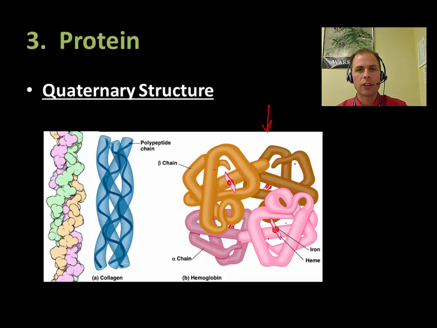But the quaternary structure is really what allows this protein to have function in the end, whether it's hemoglobin or collagen with its rope-like structure here. The quaternary structure in the end is the culminating structure that gives proteins their function.